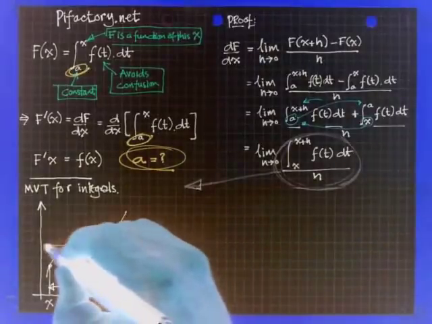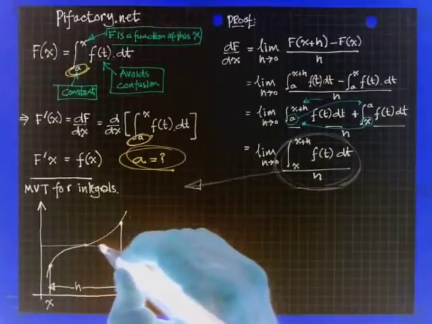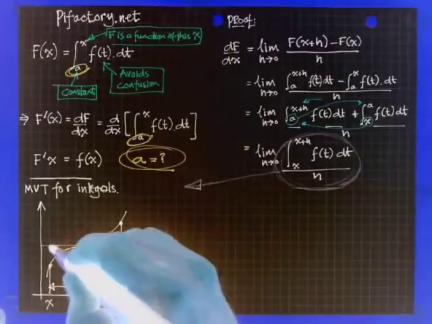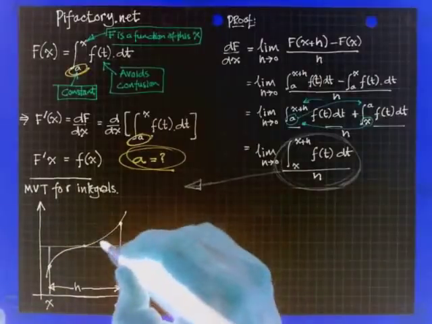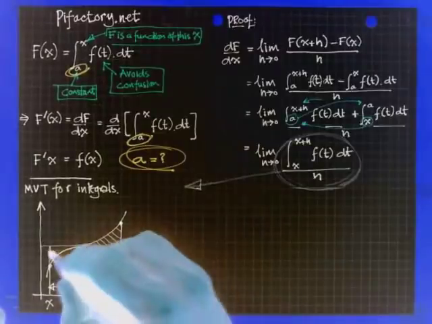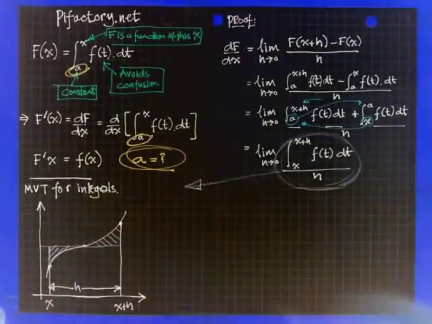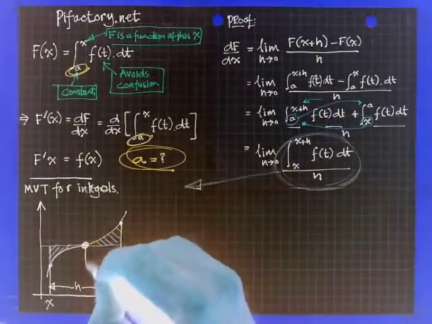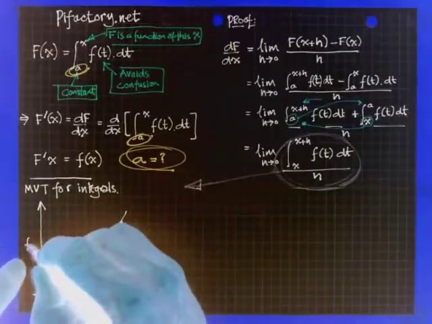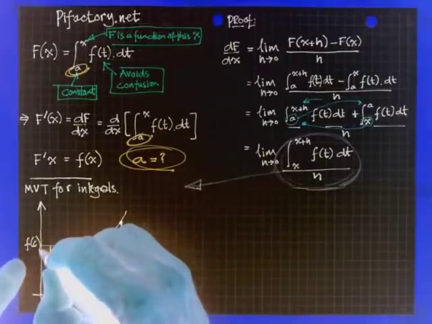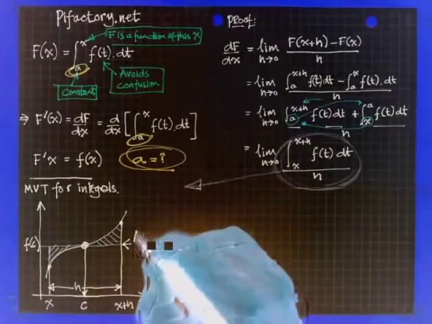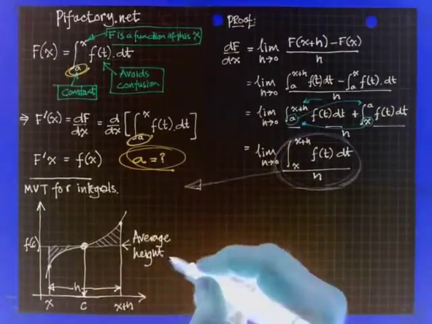And pick a point somewhere in the middle here, such that the area above that line is going to equal the area below the line. So those two areas average out such that we get a point c with an output of f of c, and the c is somewhere between x and x plus h, such that f of c is the average height.